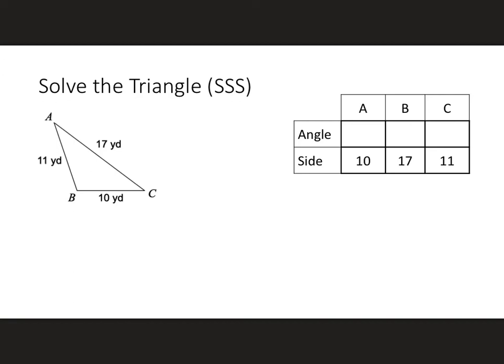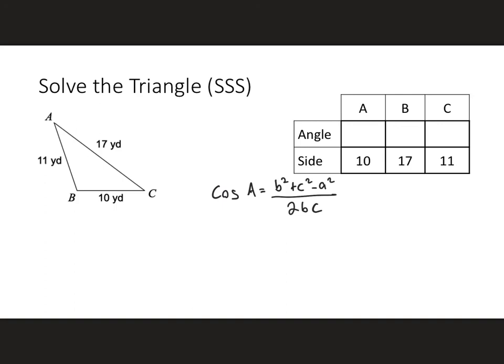Since I've already professed my appreciation for the alphabet, I'm going to solve for angle A first. And in order to do that, I'm going to use the law of cosines that's solved out for angle A, and that is the cosine of angle A will equal b squared plus c squared minus a squared all over 2 times b times c.